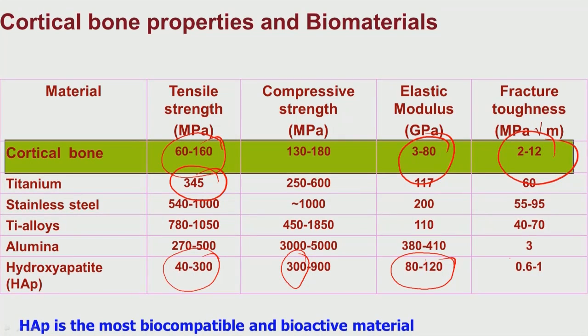However, the major problem with hydroxyapatite-like ceramics is poor fracture toughness, like 0.6 to 1 MPa square root meter. This demands that the fracture toughness of this kind of material be improved significantly, so that it not only reaches the lower limit of cortical bone properties, that is 2 MPa square root meter, but also gets as close as possible to the upper limit of natural bone fracture toughness, that is 12 MPa square root meter.